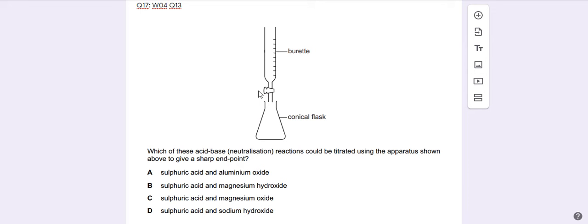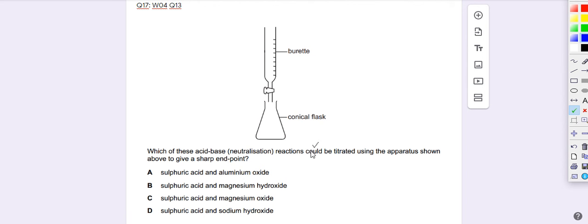Now we look at A. We have sulfuric acid and aluminium oxide. Now, aluminium oxide is not soluble in water. So, it is not suitable to use this reaction to do acid-base neutralization between sulfuric acid and aluminium oxide.